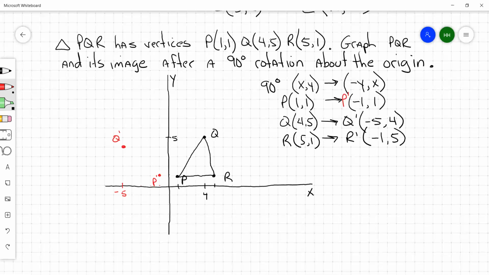R prime is going to be at negative 1, 5. So we go negative 1, 5 right here. That is our R prime. And then we play connect the dots. And we got a nice little 90-degree rotation about this origin right here.